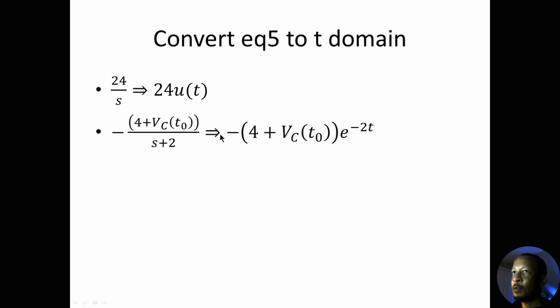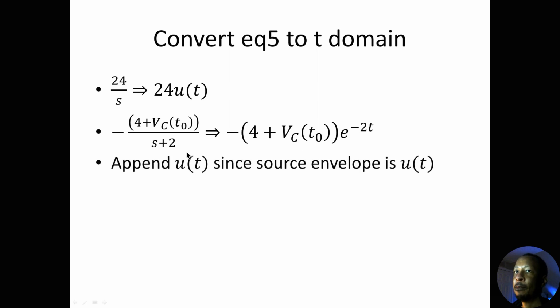I'm going to now convert that, and that converts into negative 4 plus Vc of t sub 0, all of that times e to the negative 2t. And I'm going to append U of t to this expression since the source envelope is U of t.